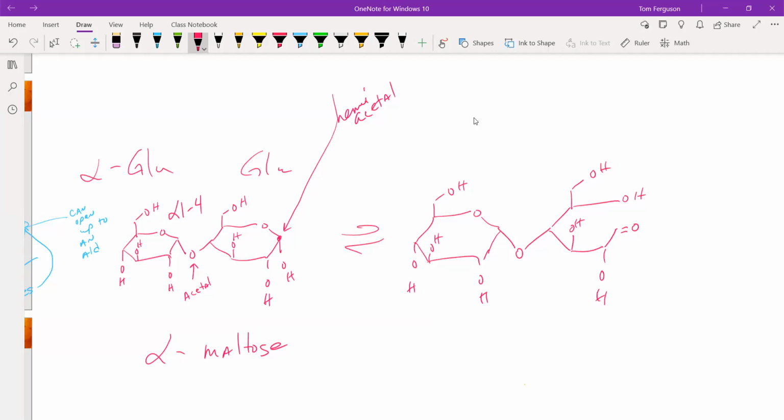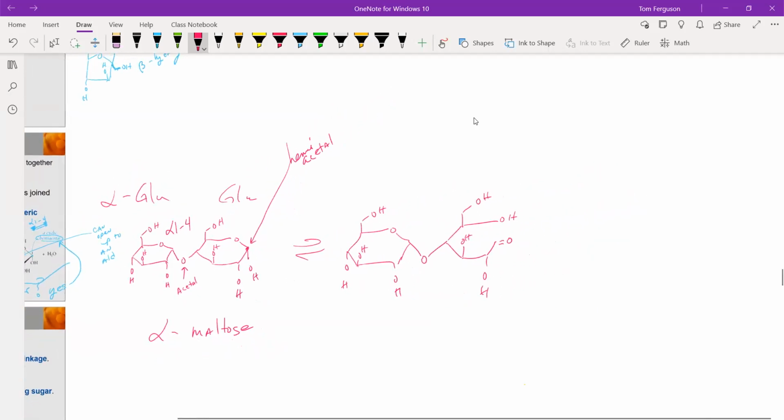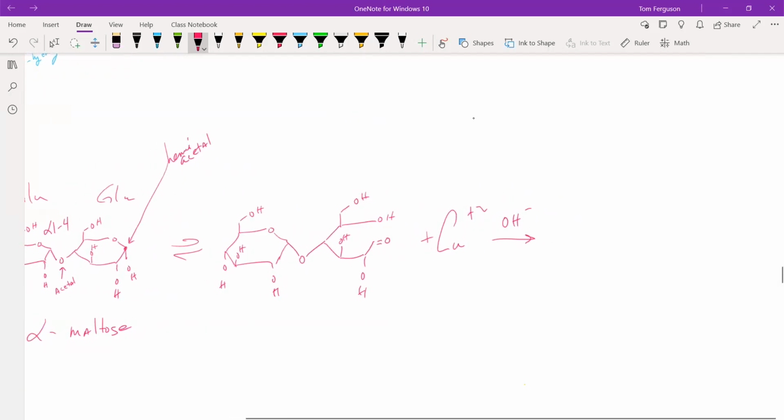Okay, so let's make this a little smaller, leave some room. And then let's add some Benedict solution and that basic environment. So what's going to happen is this guy's going to the acid. So we need more room here, right?